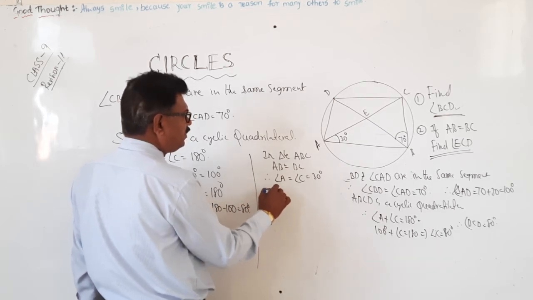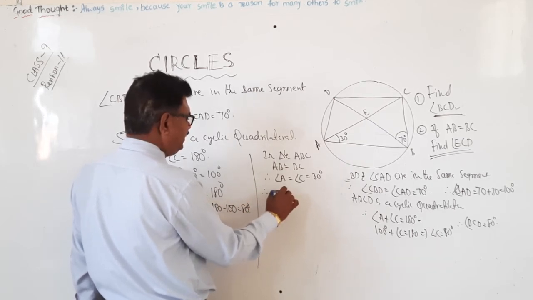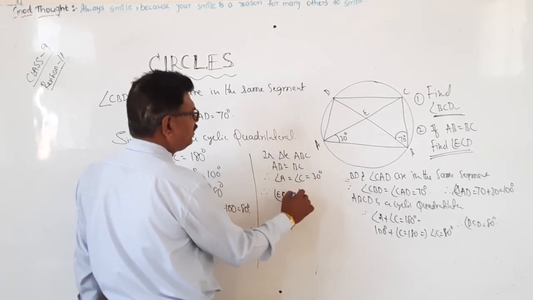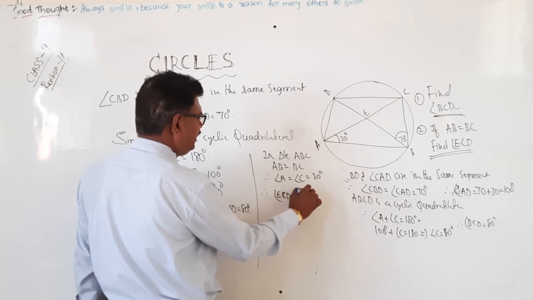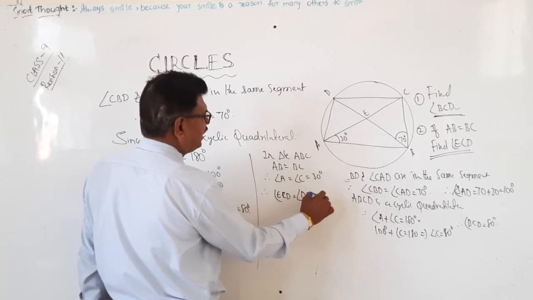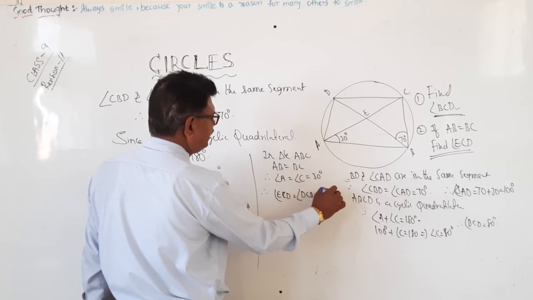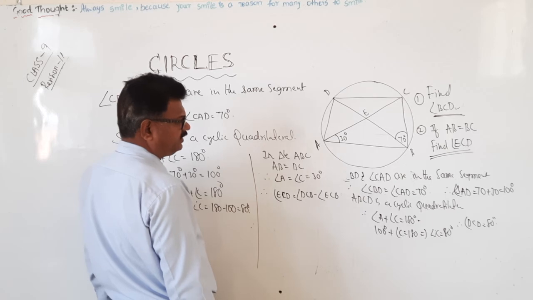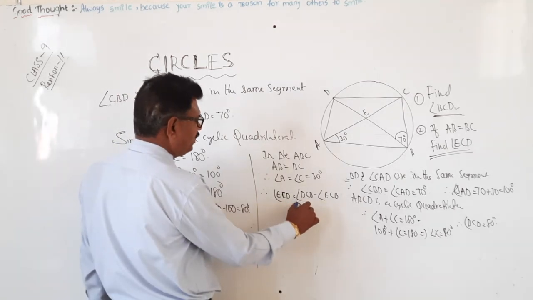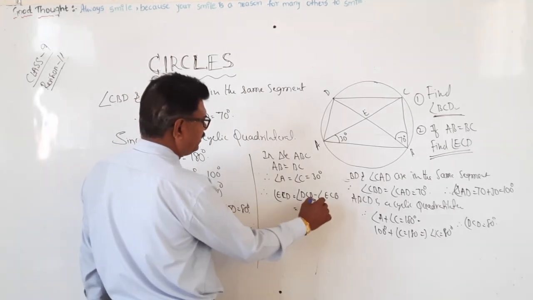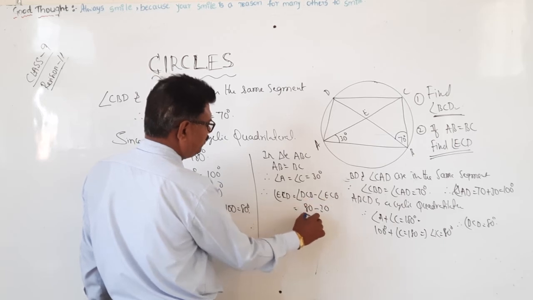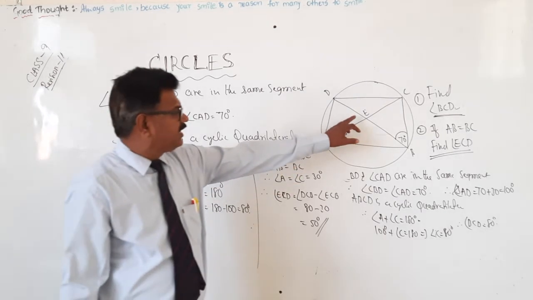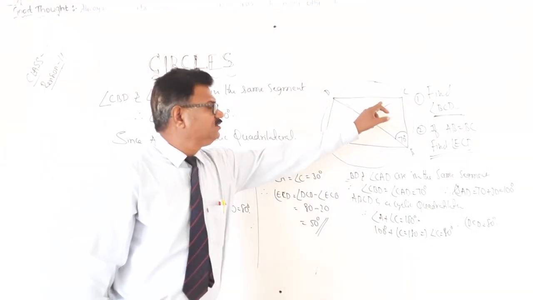Therefore, angle ECD is equal to angle DCB minus angle ECB. ECD is equal to 80 minus 30, equal to 50 degrees. Therefore, angle ECD is equal to 50 degrees.